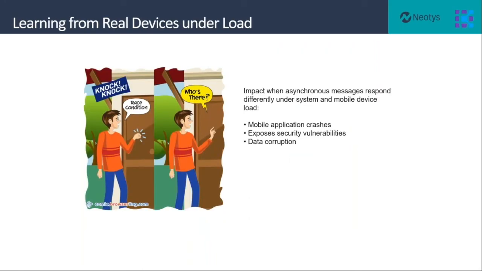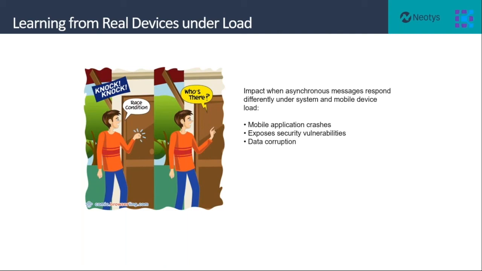For those of you who know what a race condition is, it's one of the issues, as Hendrik was describing, in the communication between the mobile app and the server. When you're in your test or development environment, not executing under load, you may not see messages come back in an unexpected order.